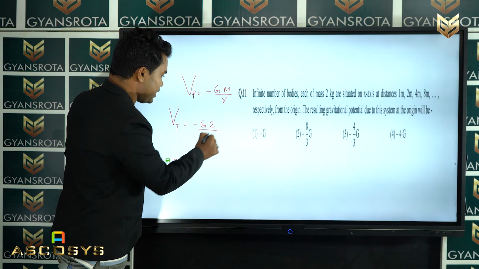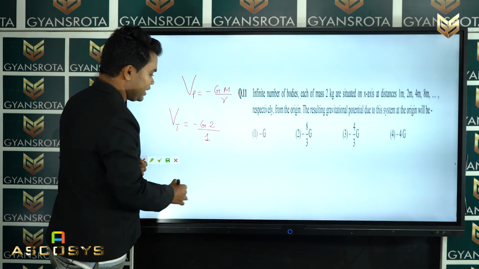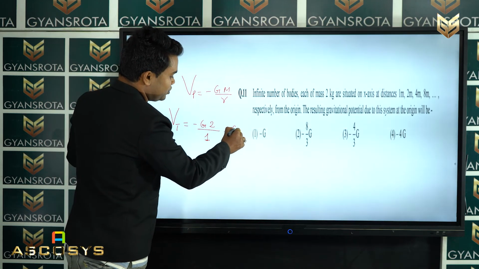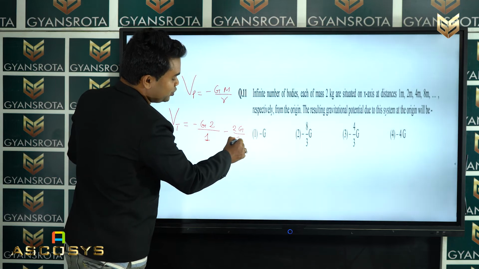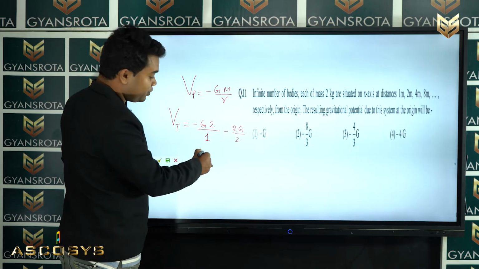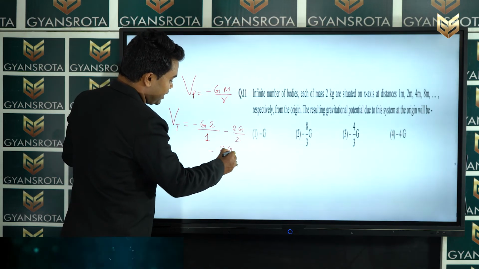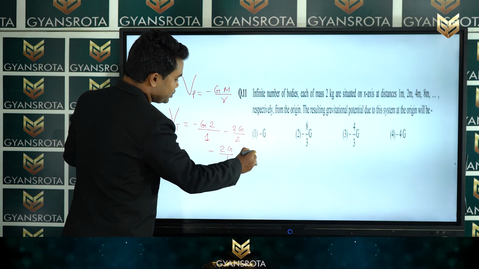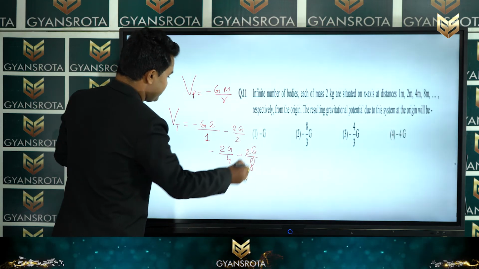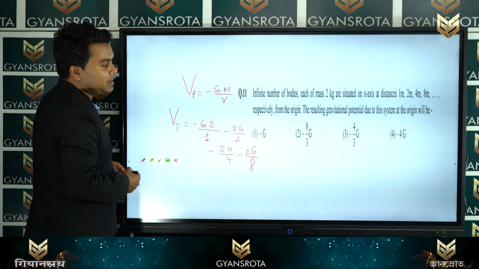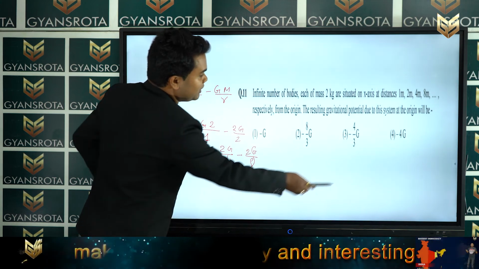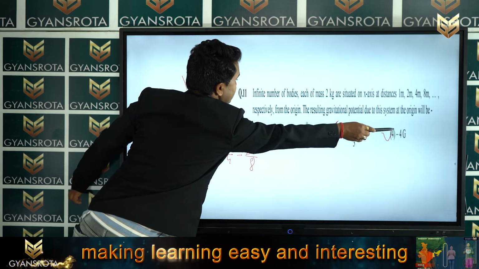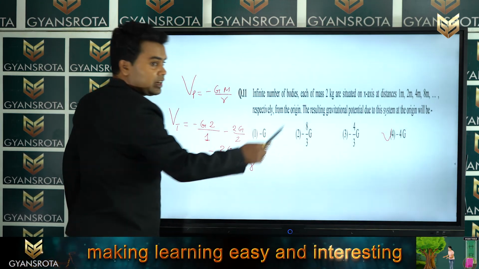So 2G by 1, then minus 2G by 2 meter, and then you have minus 2G by 4 meter, then minus 2G by 8 meter. So if you do the sum total of this one, the correct answer for this question will be minus 4G. So this is the right answer.